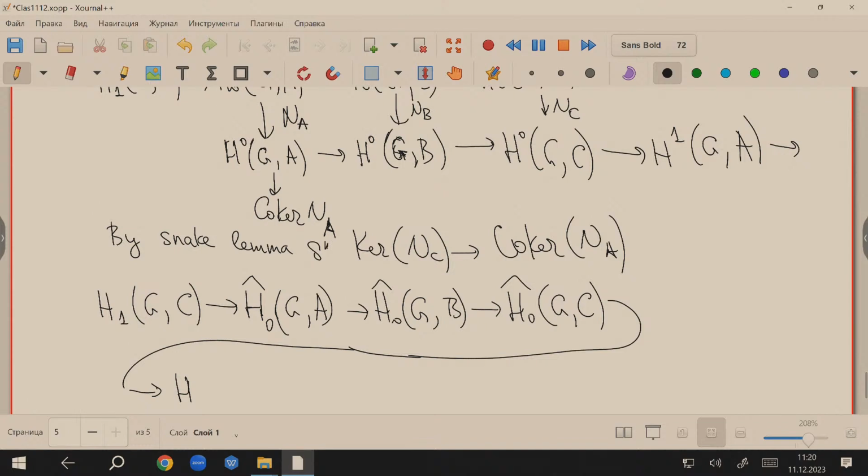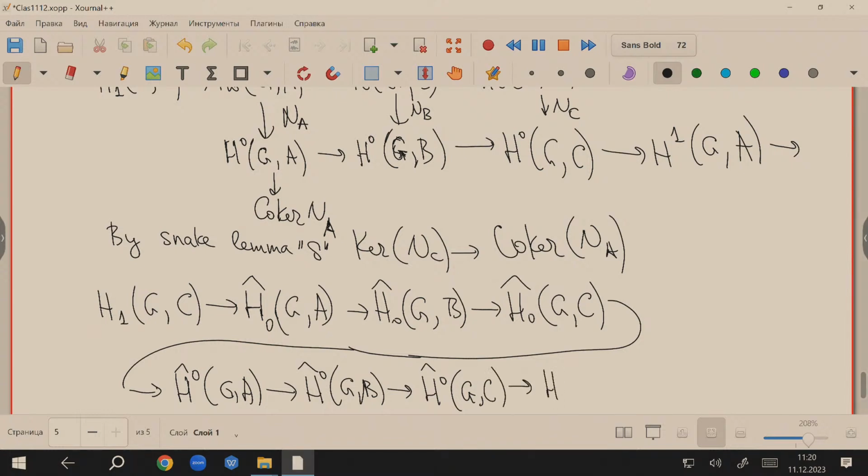So you are thinking of this delta map from H0 of GA to H0 GB, H0 GC, and then you map to H1 of GA, etc. So you are changing your complex slightly at the initial part.